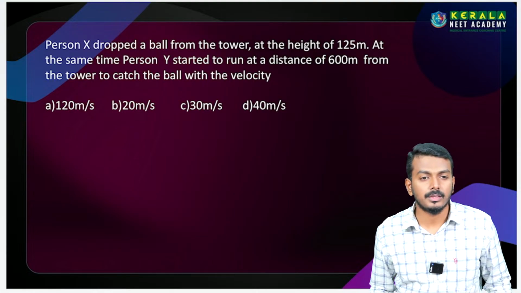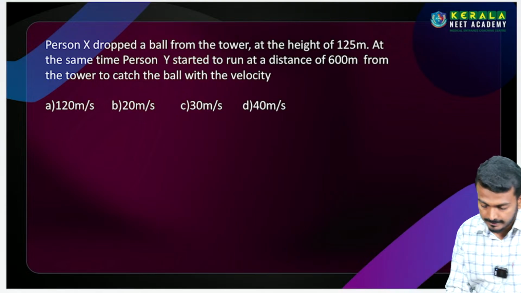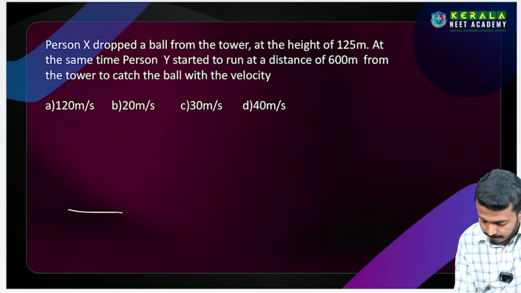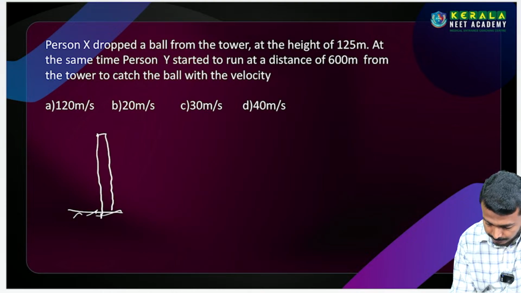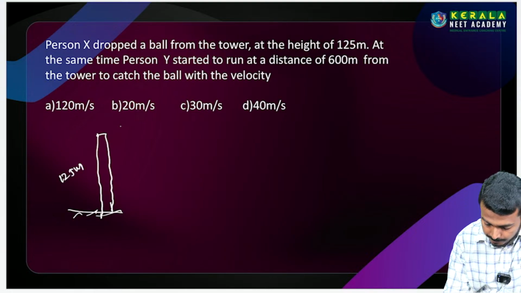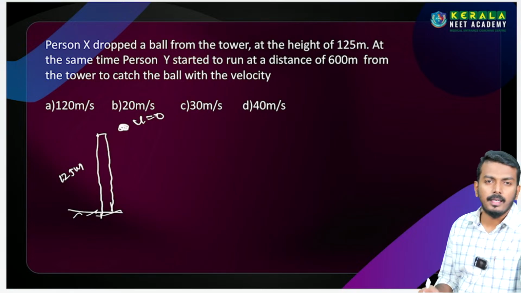What is given in the question? A person X drops a ball from the tower. This is the tower. What is the height of the tower? 125 meter. A person drops the ball, so what is the initial velocity? 0.